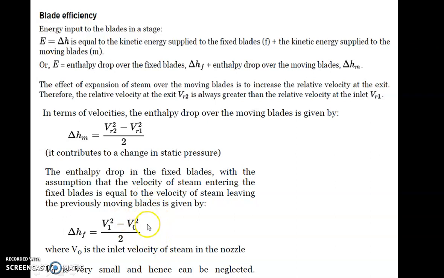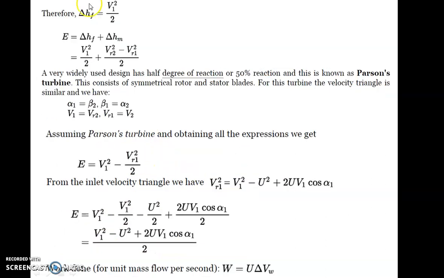If you remember, across the nozzle the inlet velocity is neglected, so delta HF is only V1 square by 2, and delta HM is (VR2 square minus VR1 square) upon 2, because it is the relative velocity which is entering the moving blades. That's why this change is taken. So the total energy coming in is delta HF plus delta HM, which will be V1 square by 2 plus (VR2 square minus VR1 square) by 2.